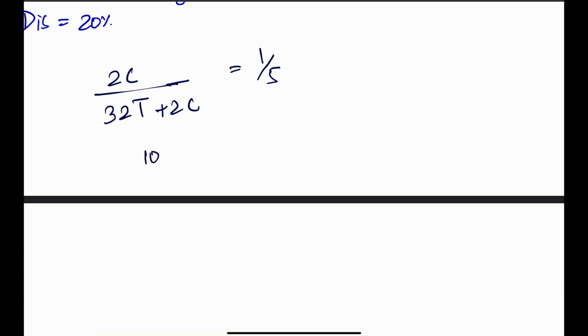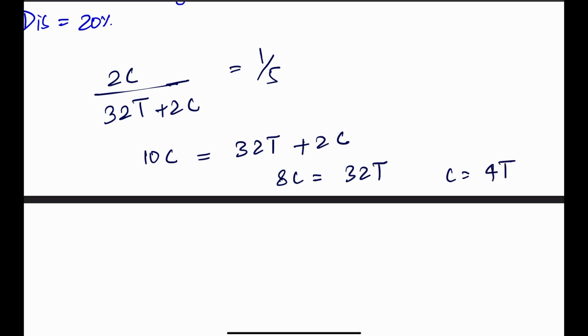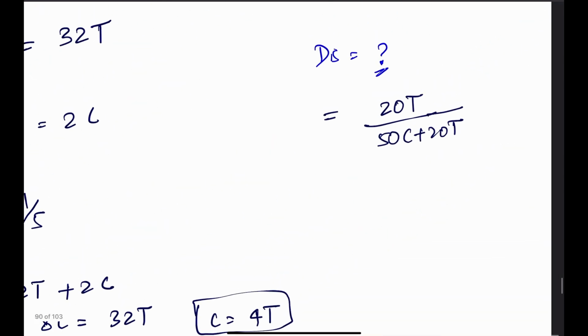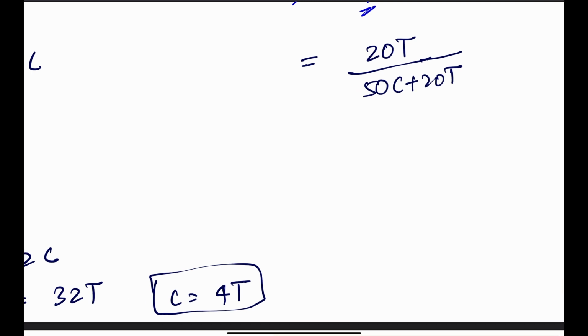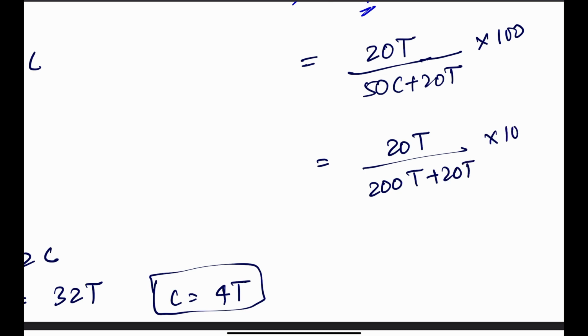So 10c equal to 32t plus 2c, 8c equal to 32t, so c equal to 4t. This is what I got from this equation. Let's replace it. So my 20t into 100, yeah, for percentage into 100. 50c is 50 into 4, 200t. Plus 20t into 100.